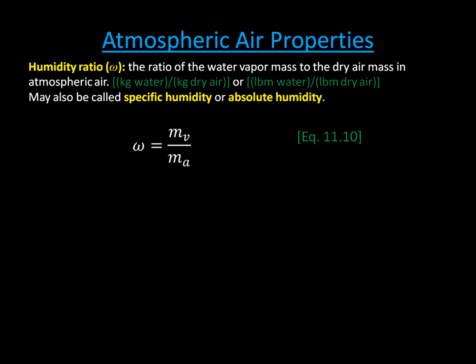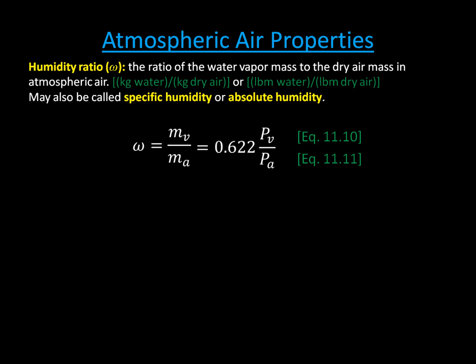So if I write that mathematically, that the humidity ratio is the ratio of the mass of the water vapor over the mass of the dry air in the system, and then I solve for those respective masses using the ideal gas law, which is done in your book, we can come up with the following relationship that the humidity ratio is equal to the ratio of the masses, but it's also equal to 0.622 times the partial pressure of the vapor over the partial pressure of the dry air.